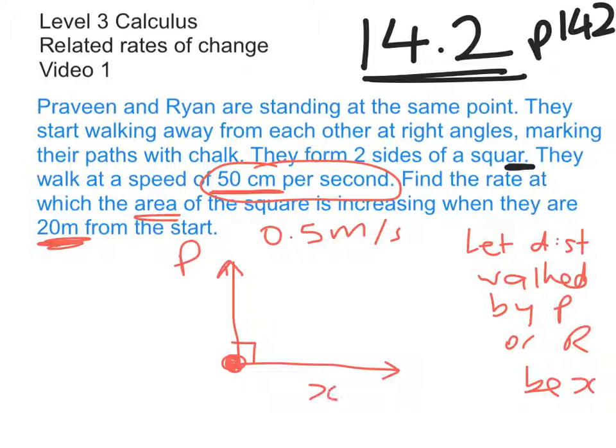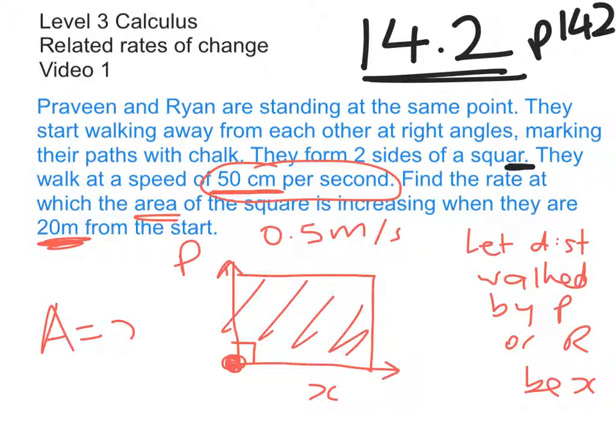This is going to form a square, and the area is going to be x squared. We've been told that their speed is 50 centimetres per second, so we know that dx by dt is equal to 0.5. We've been asked to find the rate at which the area is increasing. So I'm going to do the next part on the next slide.